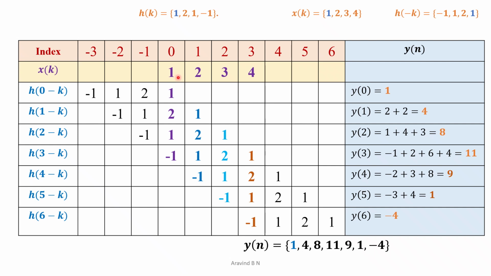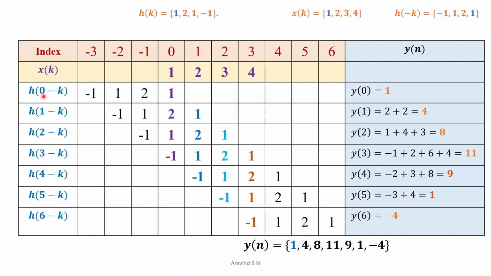Now at location 0 of x of k, it is 1 multiplied with this one, 2 multiplied with this 2, this 3 multiplied with this 1, right? So it is 1 plus 4 plus 3, and the answer is 8. Similarly we move further until all the values of n0 have been completed.